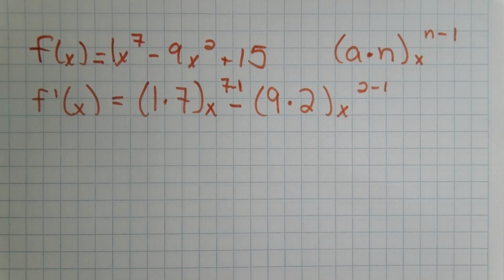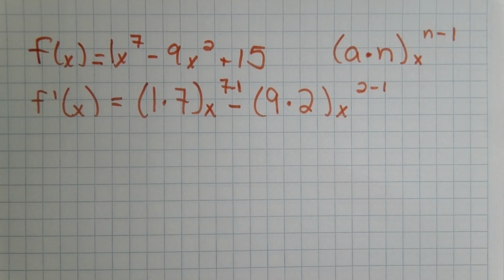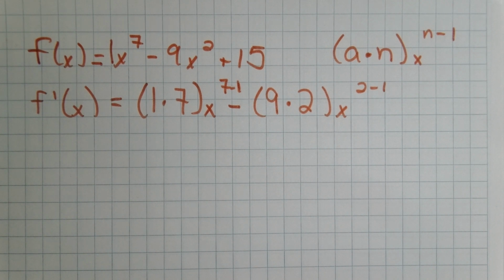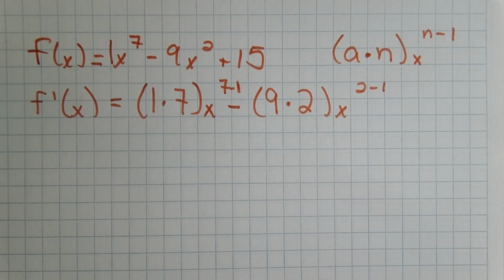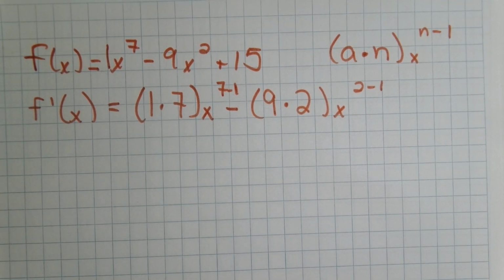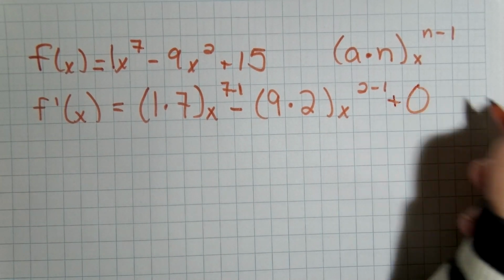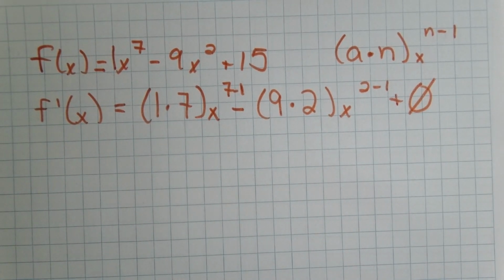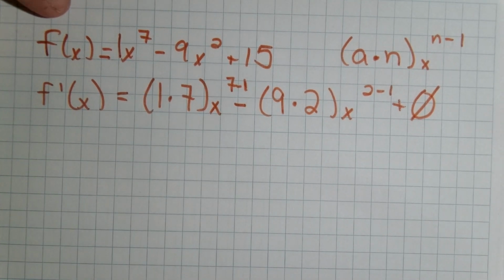It was the first derivative rule I gave you. Do you have that one down? It's 0. The derivative of a constant is 0. Always. Okay? And now you simplify it.